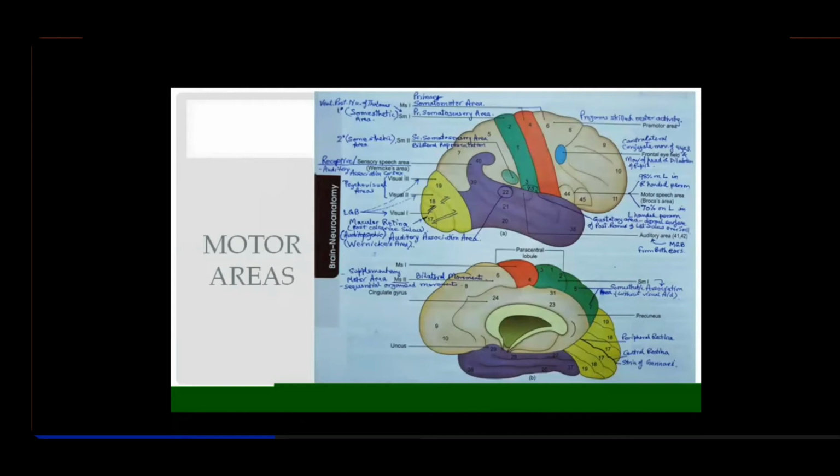So they have mainly monocular vision, but a little portion in the midline is also binocular. So in humans, we have more of binocular vision, they have more of monocular vision, but their field of vision is more.